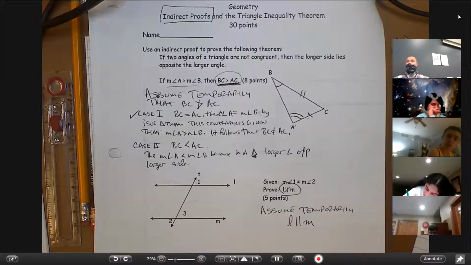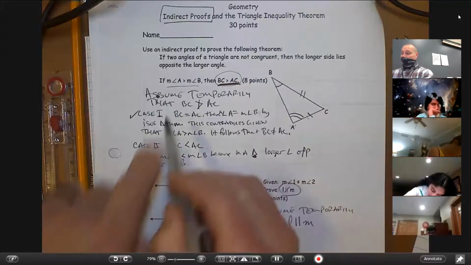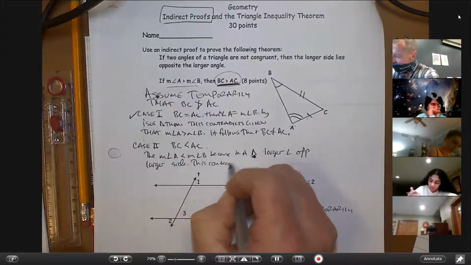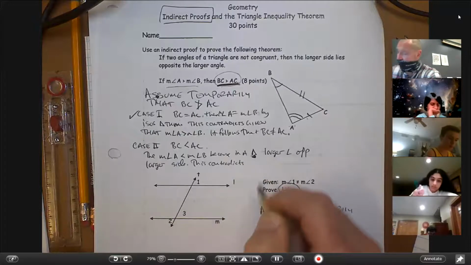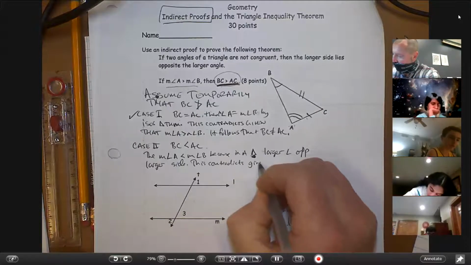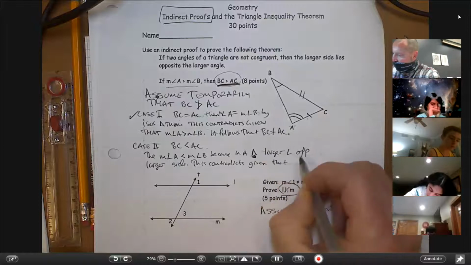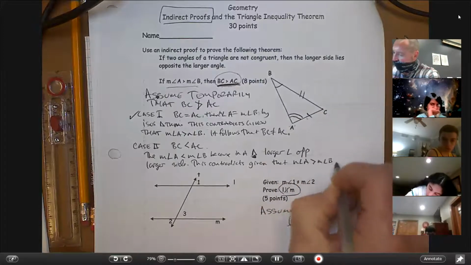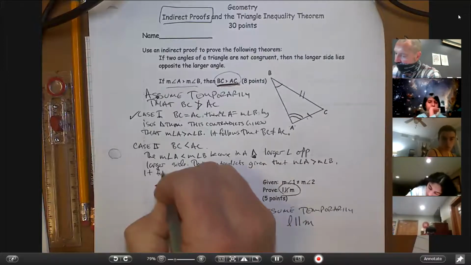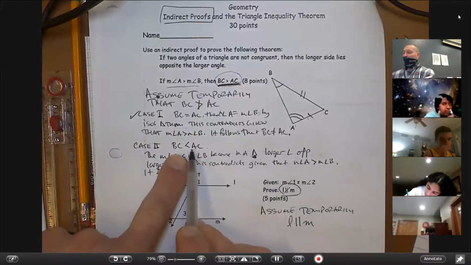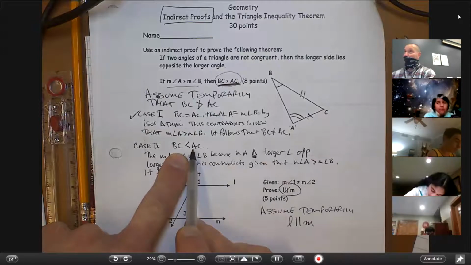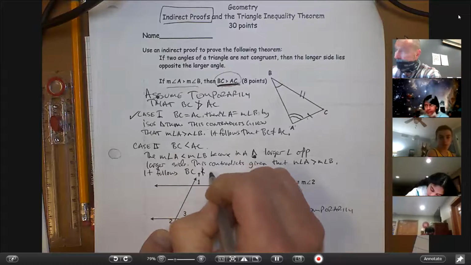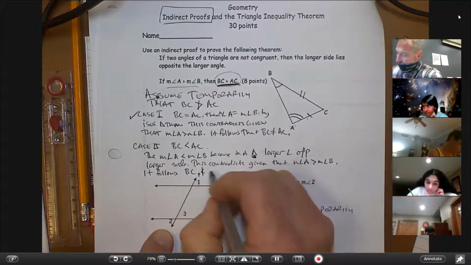This also contradicts the given. So we write it out. This contradicts the given that the measure of angle A is greater than the measure of angle B. It follows that what we assumed here is false, so BC is not less than AC.